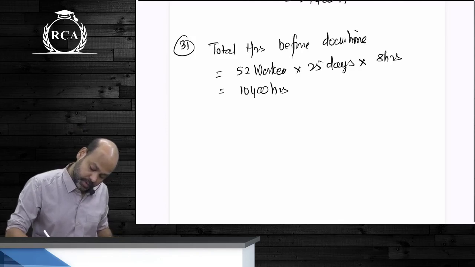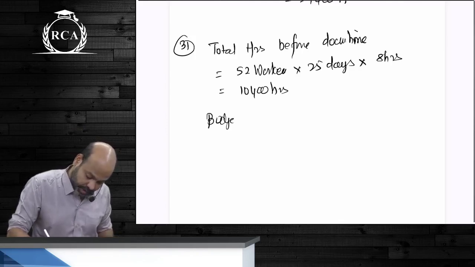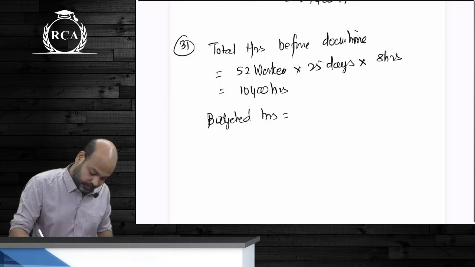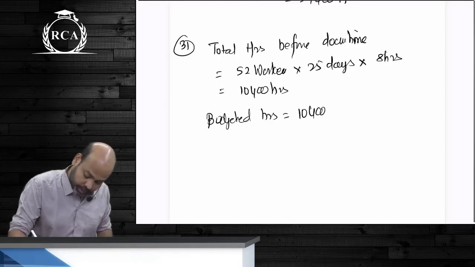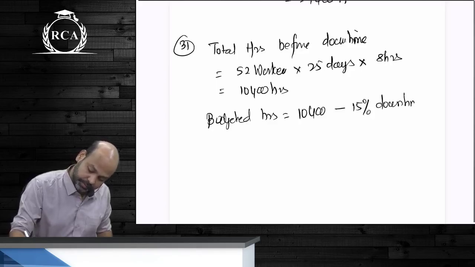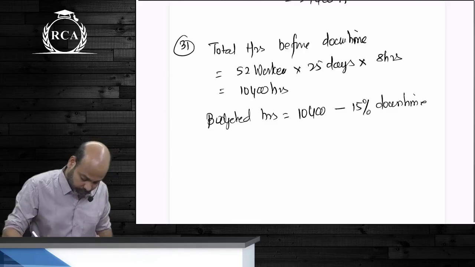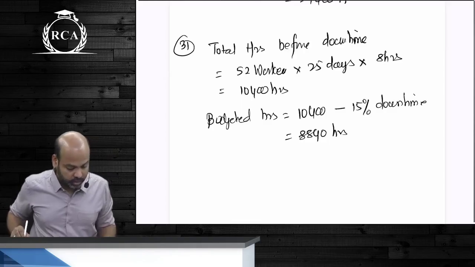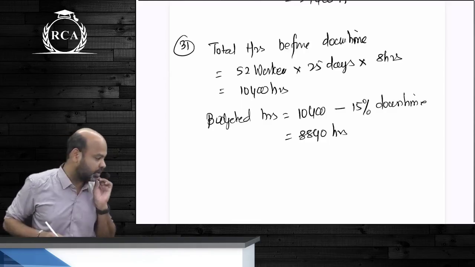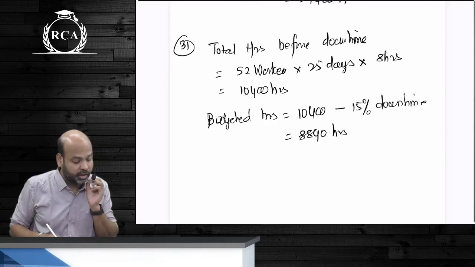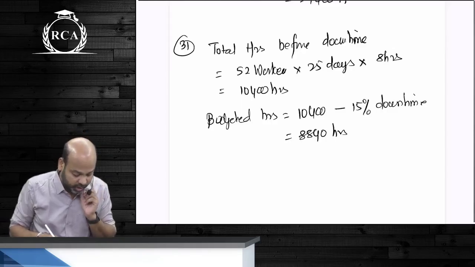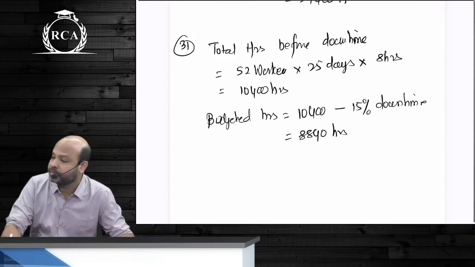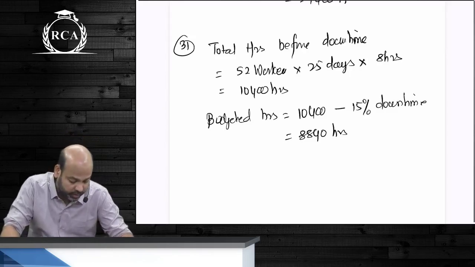So budgeted hours will be equal to, from 10,400 you're going to deduct a downtime of how much? 15% downtime. 8,840 hours. Now you will write, the best part about the question is that actual production is already given in standard hours, that is SH for AO. SH for AO is already given in the question, so it will be easier for you to get the variances.